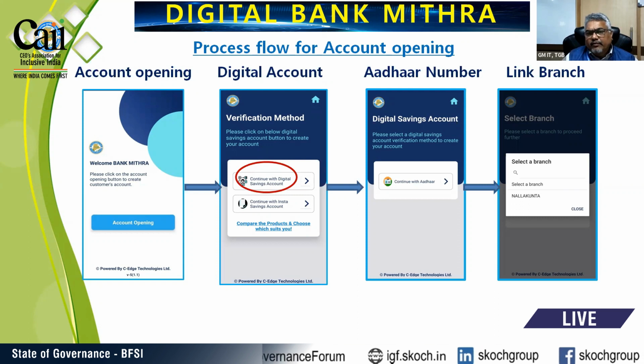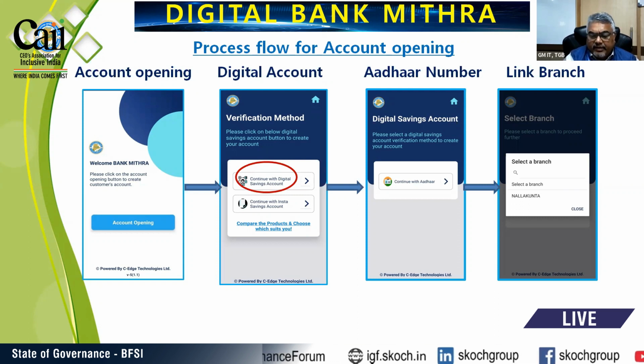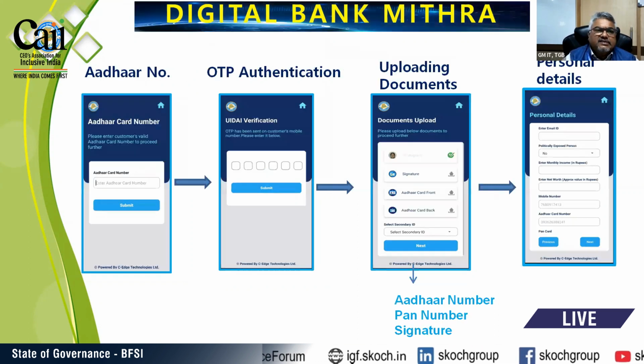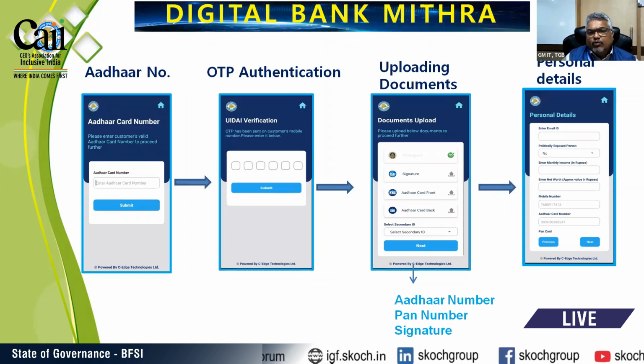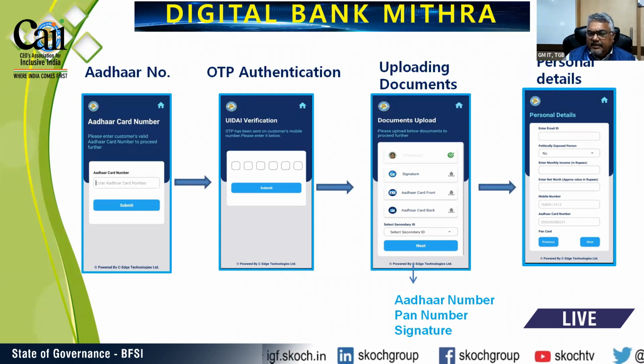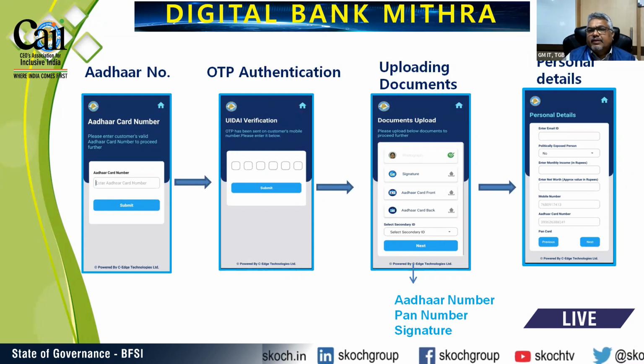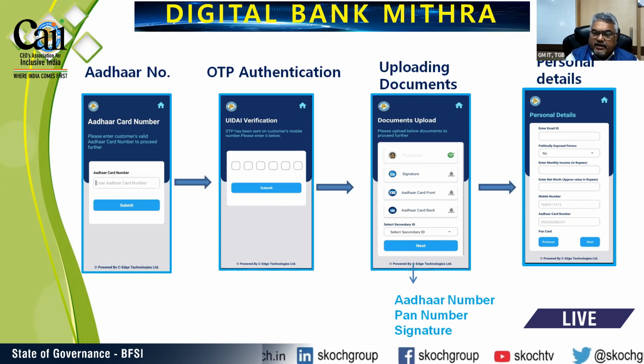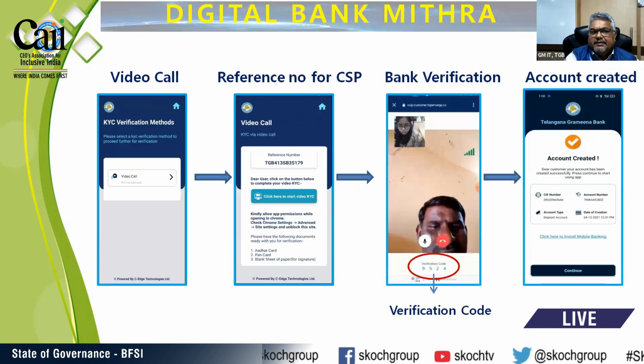But a fully loaded VKYC goes through a process where the Aadhaar number, OTP authentication, and the document are uploaded with the Aadhaar number and PAN card, and also a signature. Personal details are captured and fetched from the Aadhaar site, UIDAI site, and populated in our database.